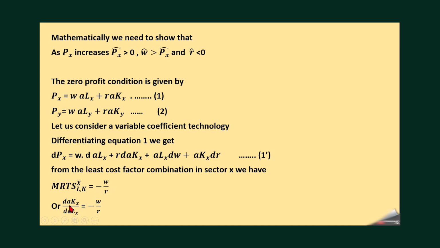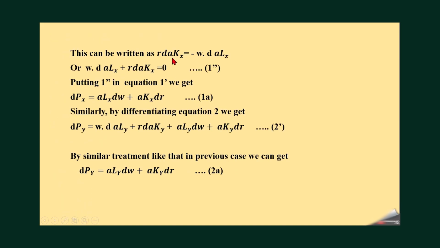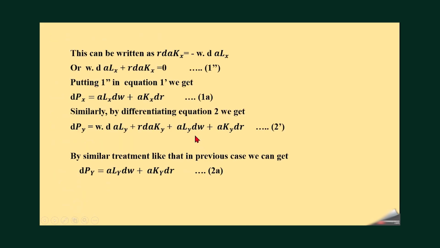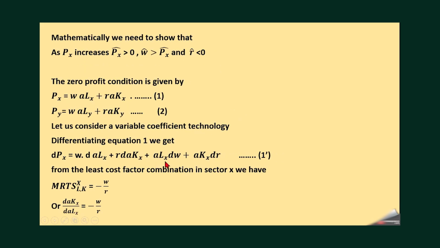So we have dAKX by dALX is equal to minus W by R. This equation can be written further as 1 double prime. Now if you put 1 double prime, that is W dALX plus R dAKX is equal to 0, in equation 1 prime, we will get dPx is equal to the remaining part, ALX dW plus AKX dR.